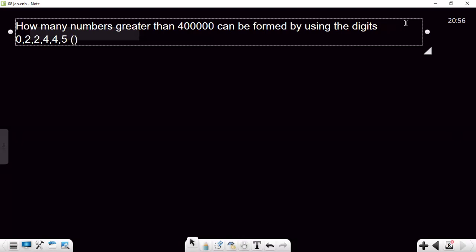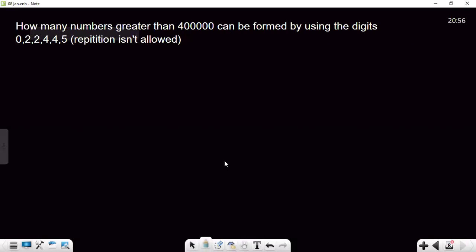It is given that repetition is not allowed. It's almost 4 lakh. Okay, we have to make numbers which are greater than 4 lakh.